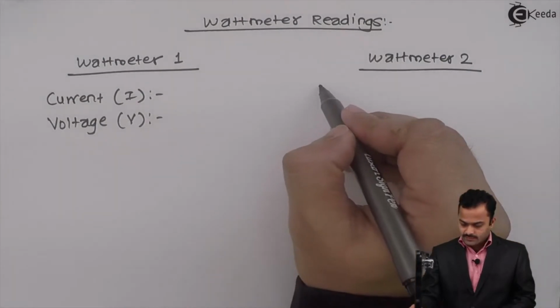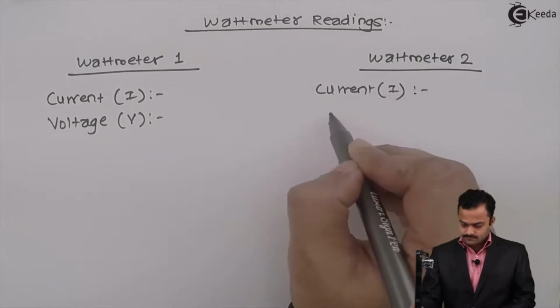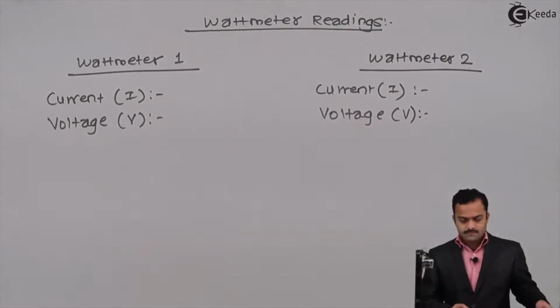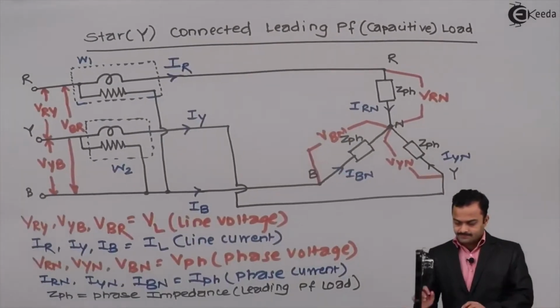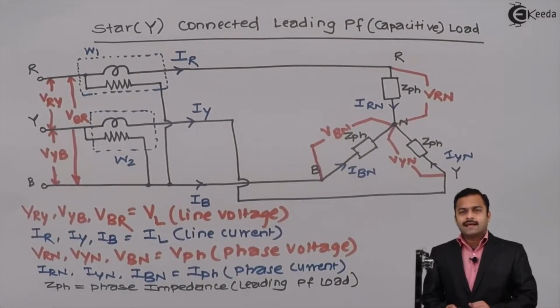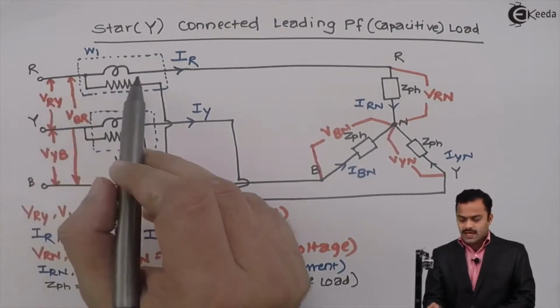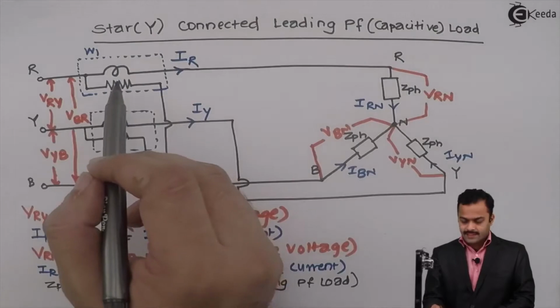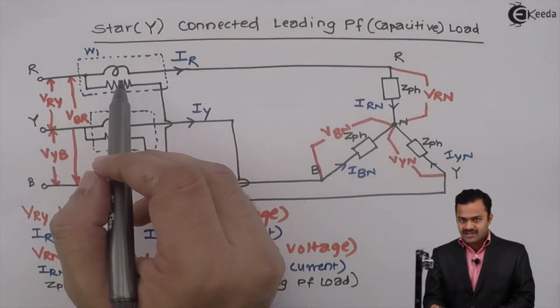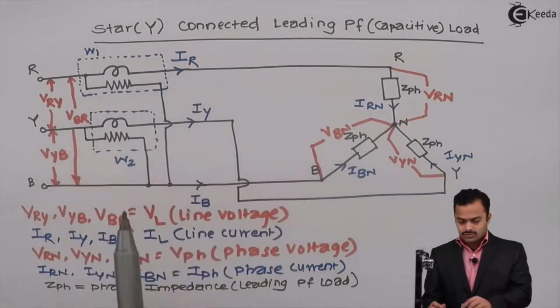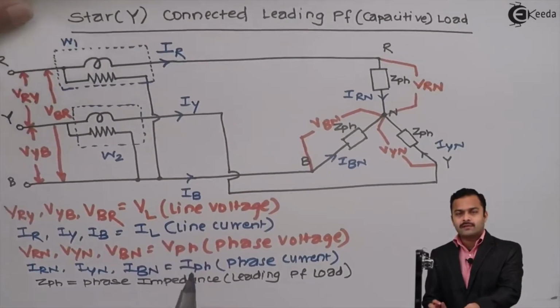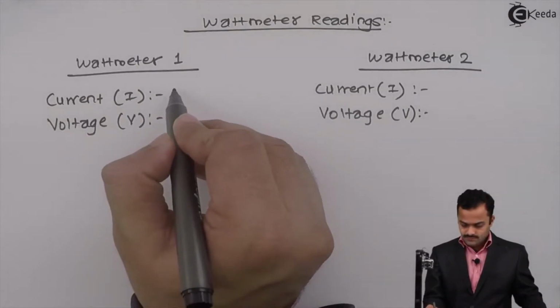The same is the case for wattmeter 2. Let's go to the circuit diagram. Here I can say the current coil of wattmeter 1 is in series with the R phase, so obviously it will sense and measure IR. So the current measured by wattmeter 1 is IR.